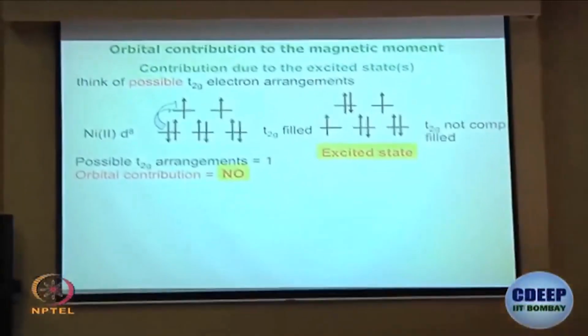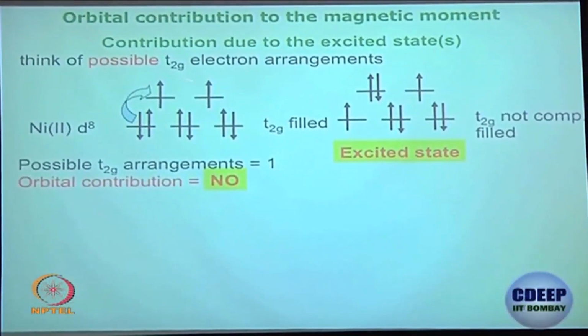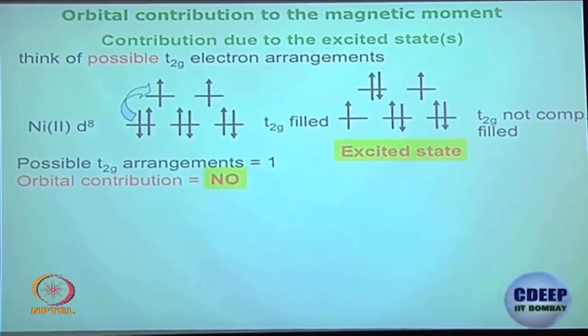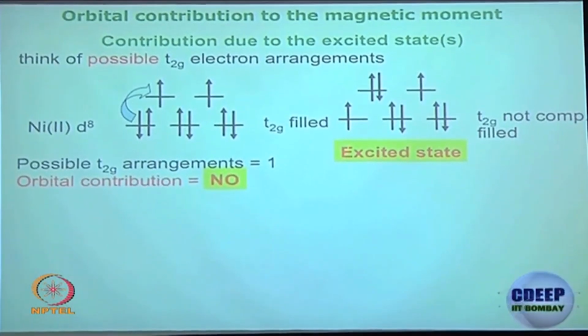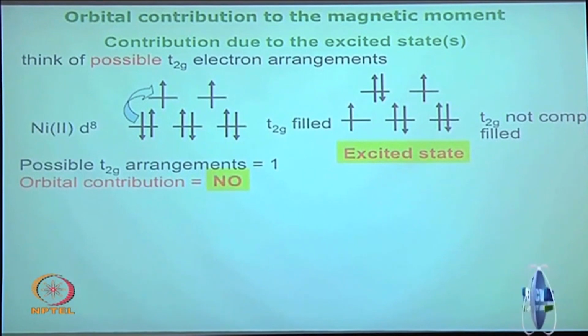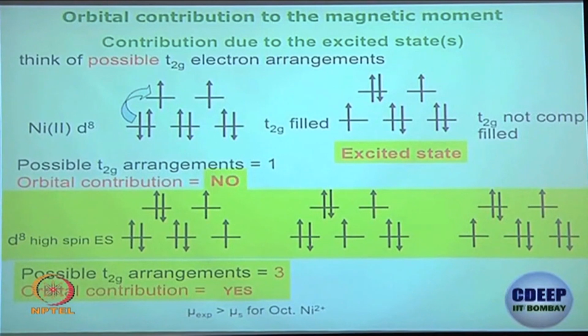So t2g6 eg2, now if you put in light or energy, or the distance between these two is not very high, in the excited state you can achieve t2g5 eg3. Now in this configuration you can have orbital angular momentum. Is it clear? Both ground state and excited state you need to consider.